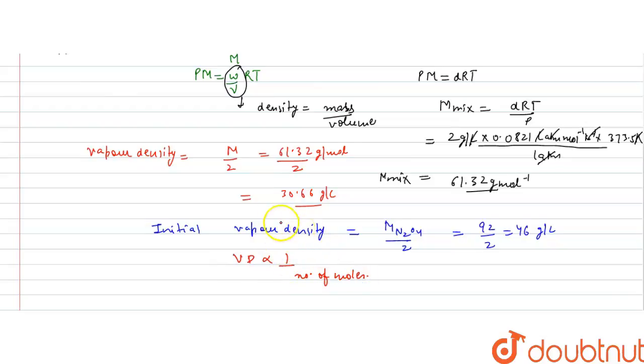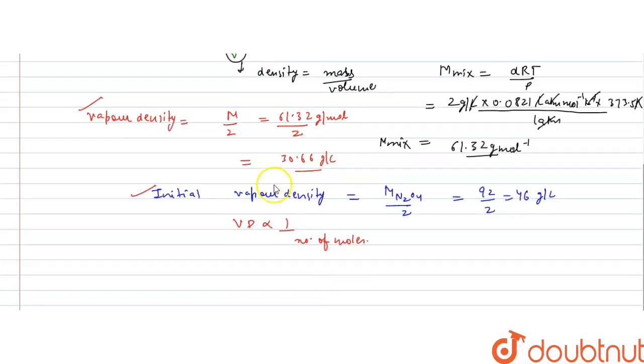We have here two vapor densities: one due to N2O4 initially and one of this equilibrium mixture of N2O4 and NO2.